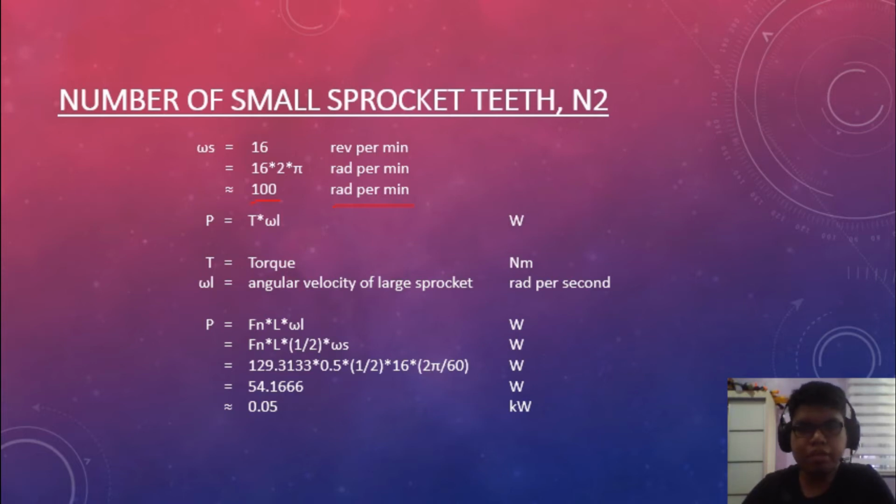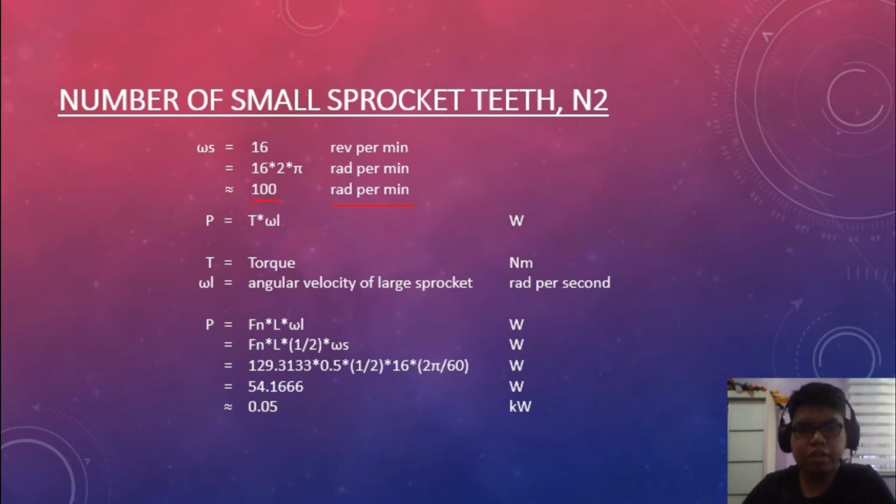And then we start searching for the power. Power is equal to torque times omega of the large sprocket, which is the angular velocity of the large sprocket. So power is equal to net force input times the length of the lever times the angular velocity of the large sprocket in watt.